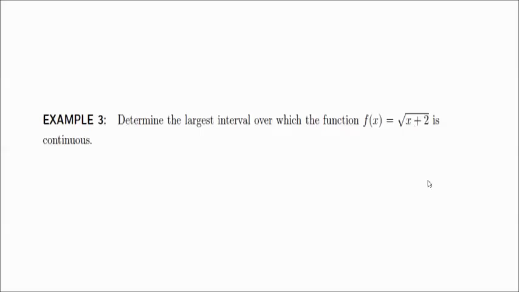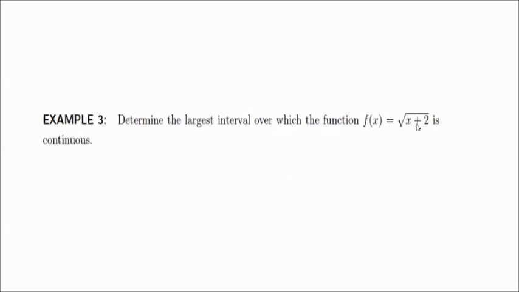So bale, yung largest interval na pwede dito is yung negative 2 pwede pa, kasi negative 2 plus 2 is 0, square root of 0 is 0. And negative 1. Ibig sabihin, yung greater than negative 2, including negative 2. So, ibig sabihin, yung interval dito class is square bracket negative 2 hanggang positive infinity.